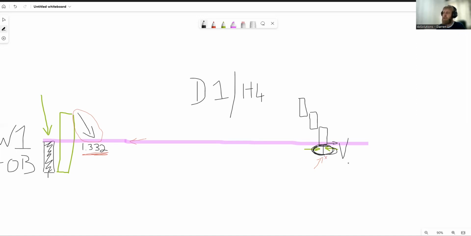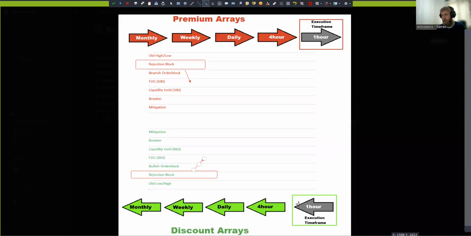Okay, so we anticipate the rejection block to form before the next swing high, swing low, pulling a fib from that swing high and that low, because we are trying to predict or anticipate where the next swing high and swing low is.